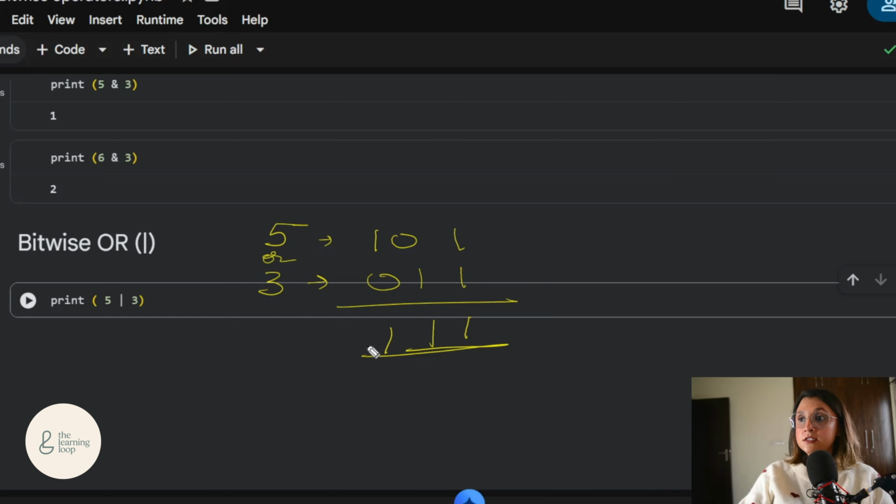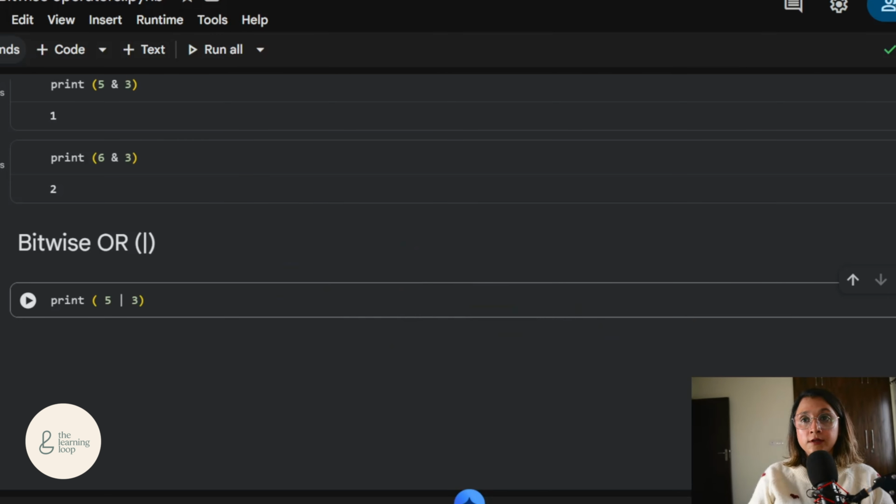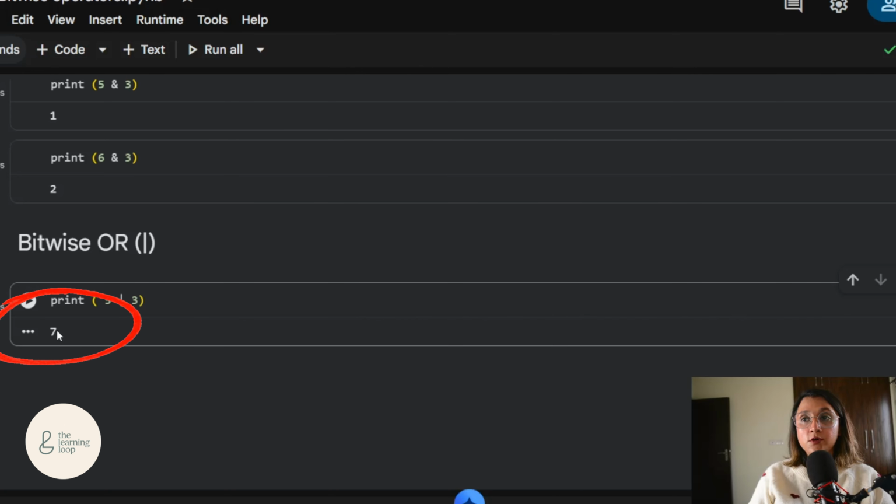Which is 1, 1, 1 in binary, which is 7 in decimal. So if I do 5 or 3, we will get the answer as 7. Let's check that out. And run this and you can see we got the answer as 7.